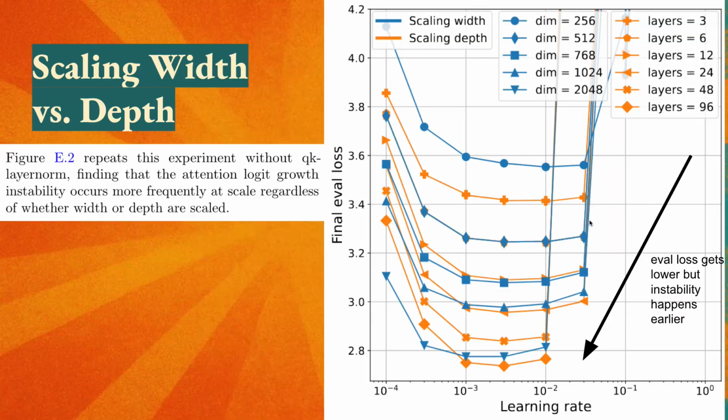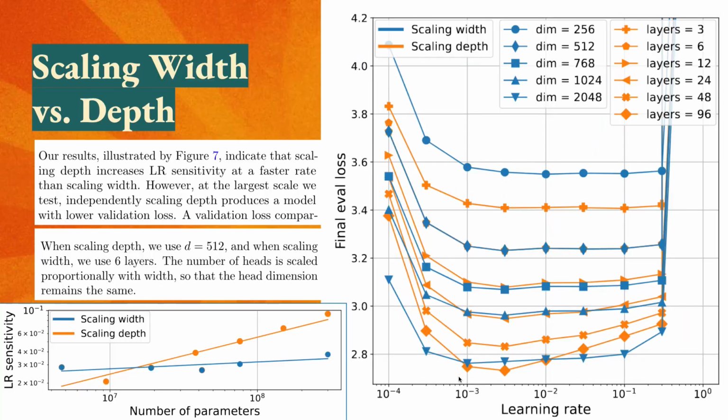And they removed QK-layernorm, which was the default in all experiments. What we find is, it'll be a little easier if we look at this chart here. The range of learning rates goes from about 3 times 10 to the negative 4 to 3 e neg 1.